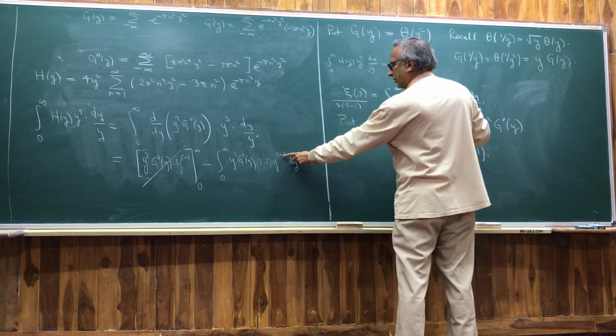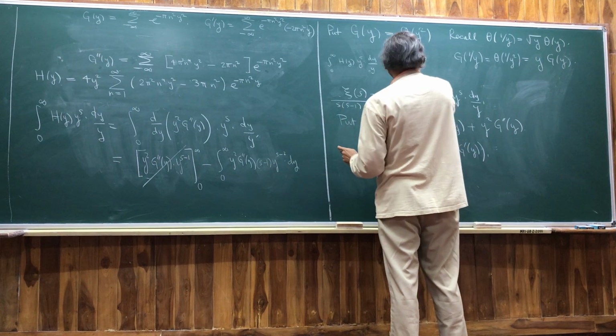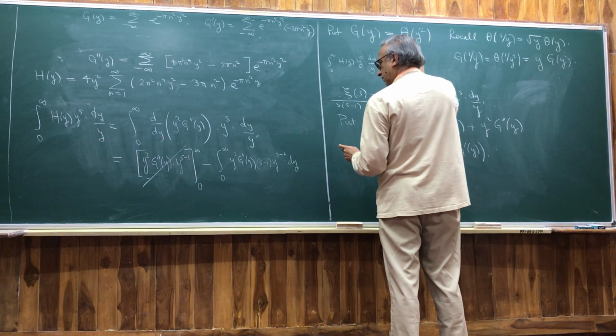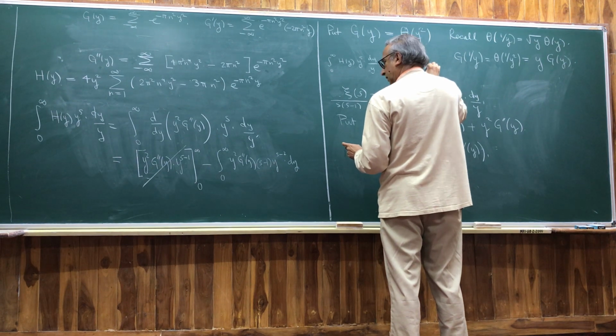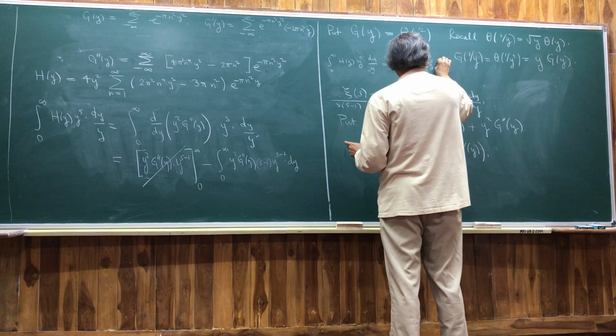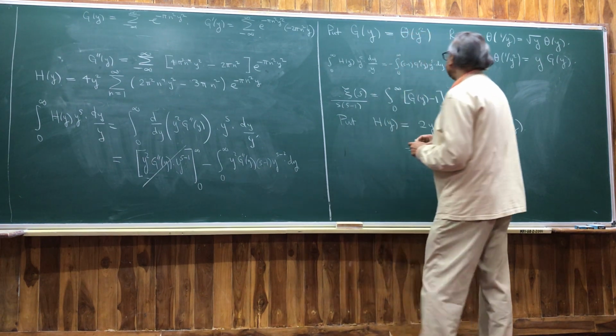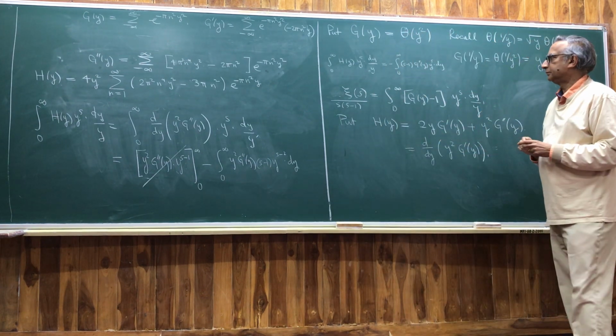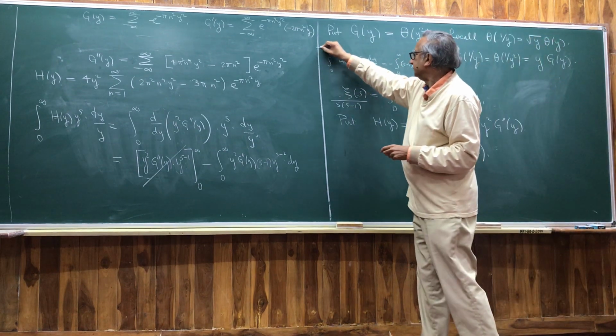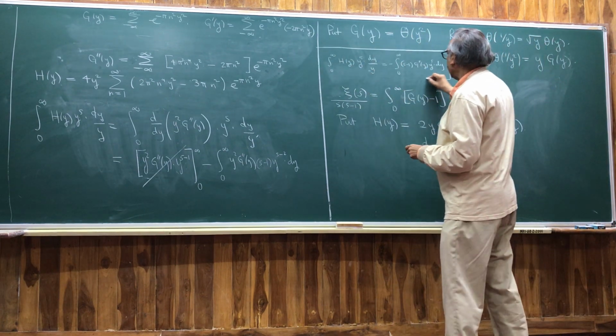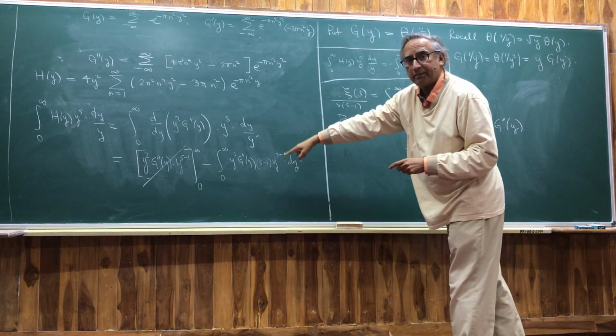The y squared disappears, and so I get an s minus 1, g double prime of y, y to the s, dy. So this calculation from there comes to this point.